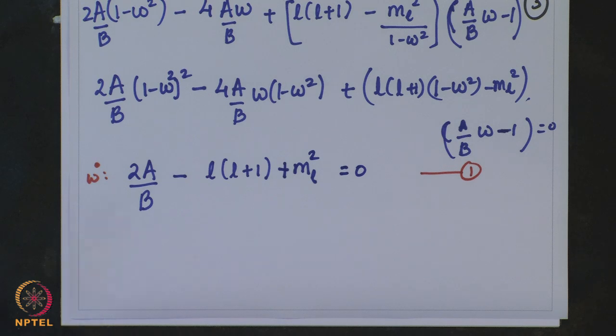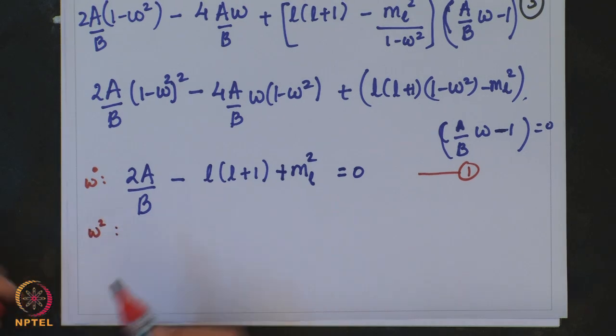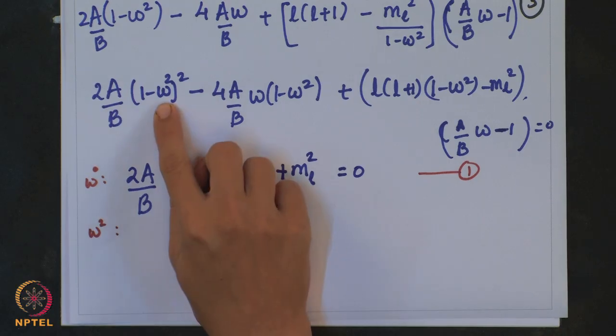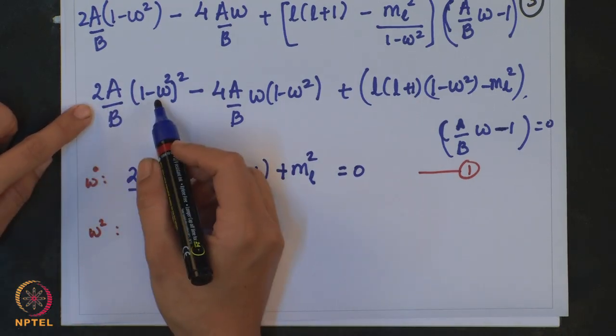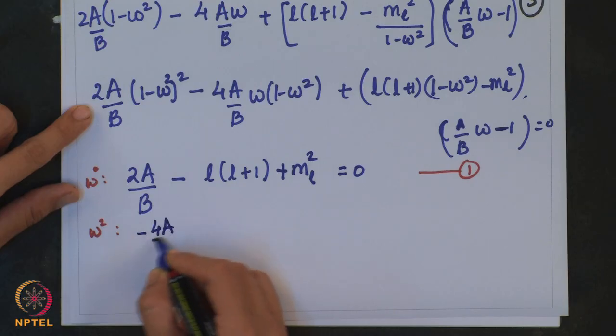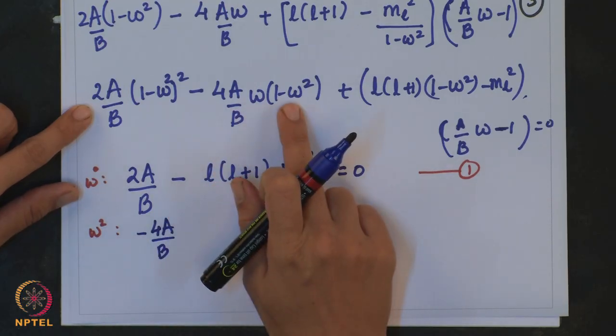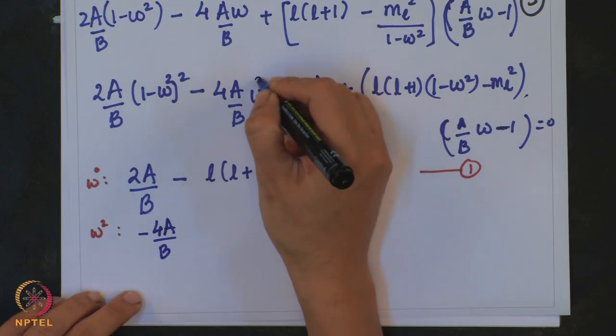Then the coefficient of omega square. Here I will get 2 times 2 omega square, that is minus 4 a by b, and from here also I get minus 4 a by b, here it is omega square.